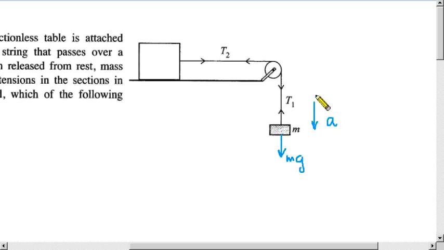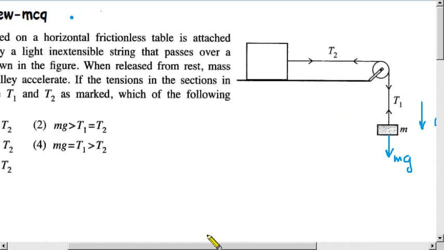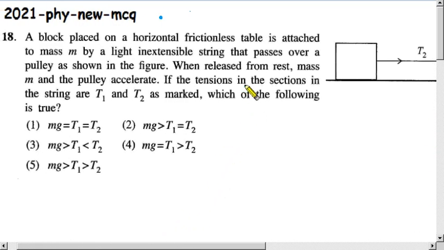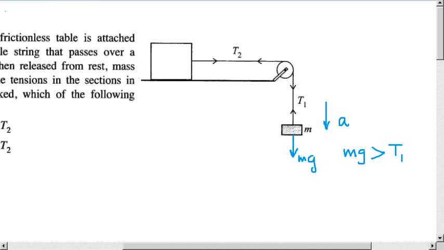So to accelerate this way, mg must be greater than T1. T1 must be smaller, otherwise how can this one move downwards? Accelerates means it must move downwards from zero velocity, because they have released it from rest. So the initial velocity is 0, and they say it accelerates.